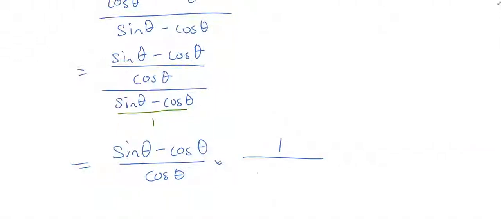So 1 over sine theta minus cos theta. And sure enough, even though those are adding, and usually we can't cancel when we're adding, in this case you can, because it's a whole term. And so that does divide to 1 with that. Okay, and then we're done.